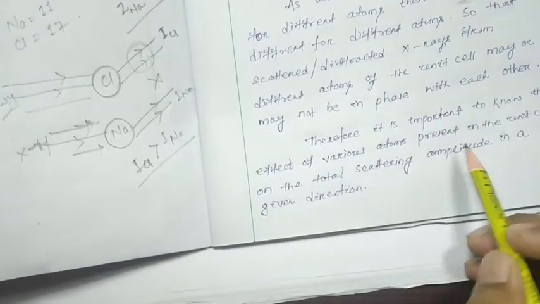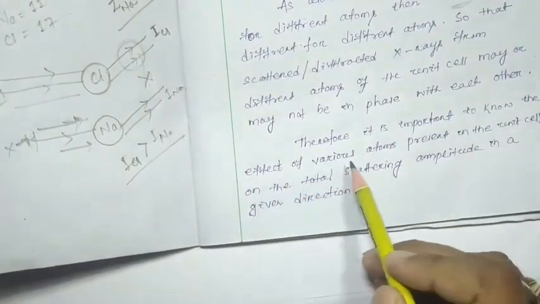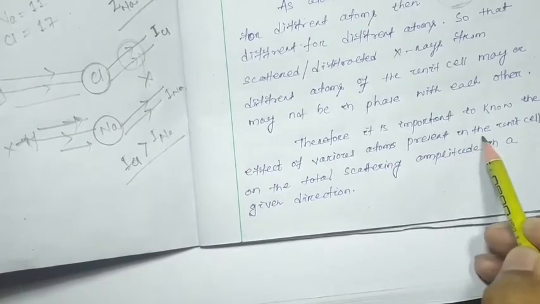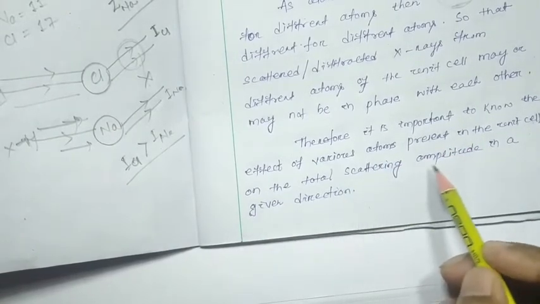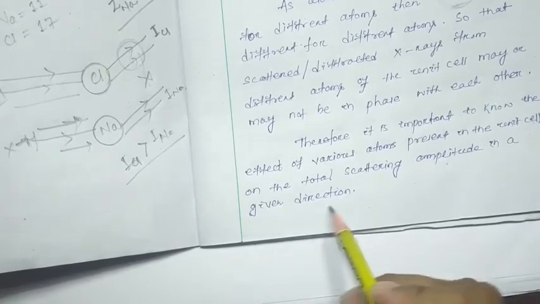Therefore it is important to know the effect of the various atoms present in the unit cell on the total scattering amplitude in a given direction.